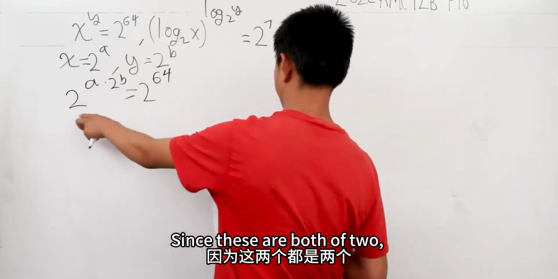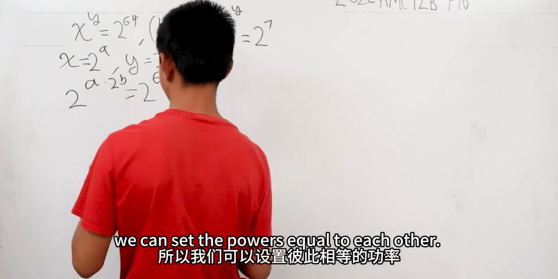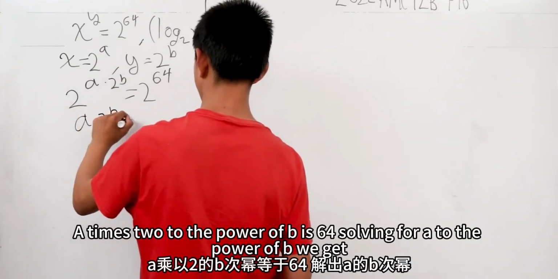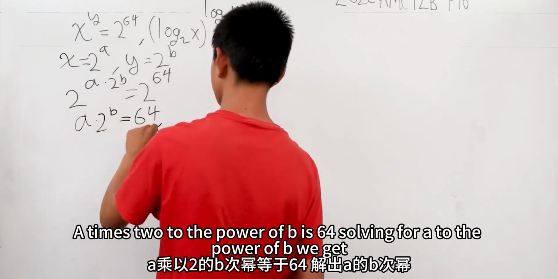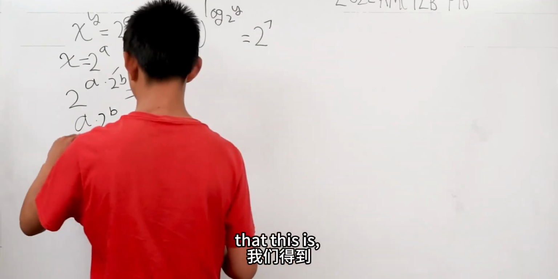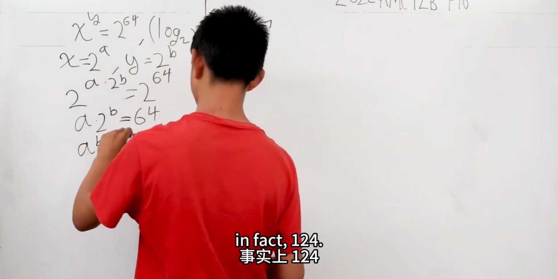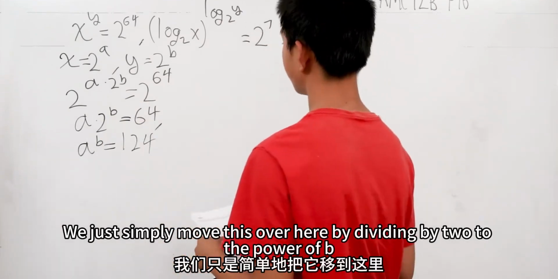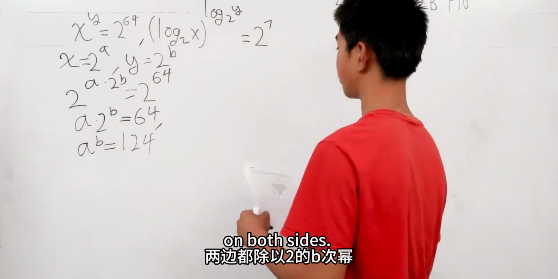Since these are both powers of 2, we can set the powers equal to each other. a times 2 to the power of b is 64. Solving for a to the power of b, we get that this is, in fact, 124. We just simply move this over here by dividing by 2 to the power of b on both sides.